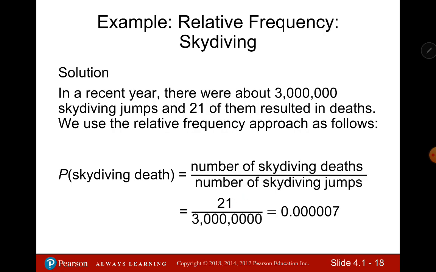And we check the denominator. The denominator will be the number of times the procedure repeated. Here, this jump repeated 3 million times. So the denominator will be the total jumps we have, 3 million. And this will be our final answer. That's the probability of death.